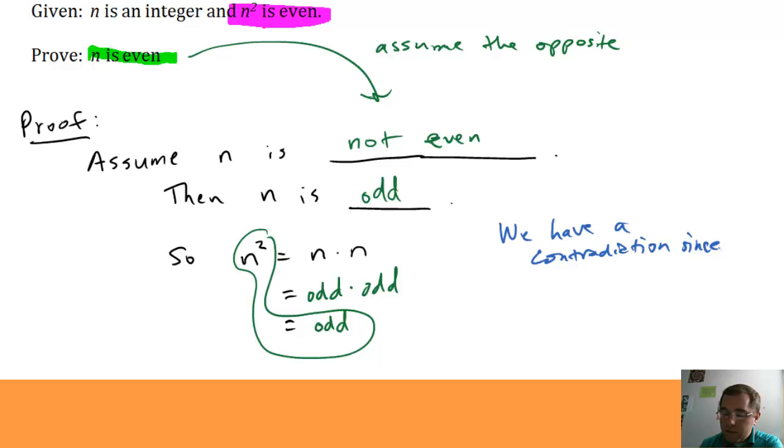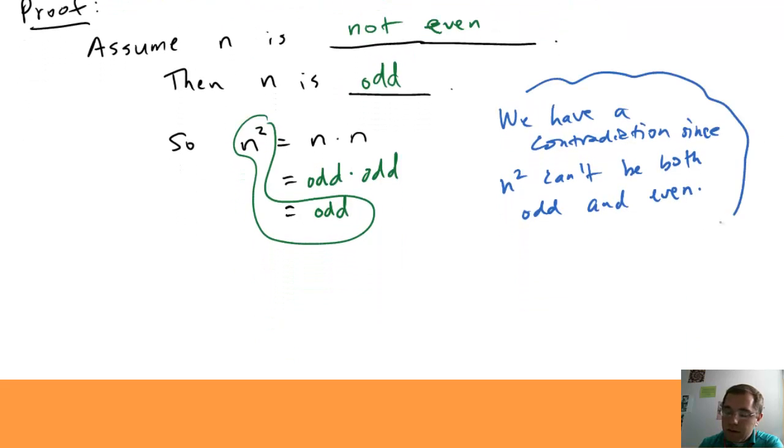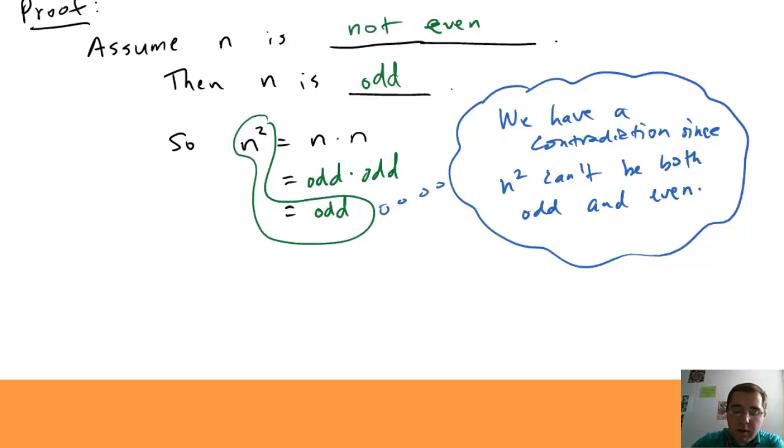Since n squared can't be both odd and even. So it's kind of in your thought bubble. So in our proof we write contradiction.